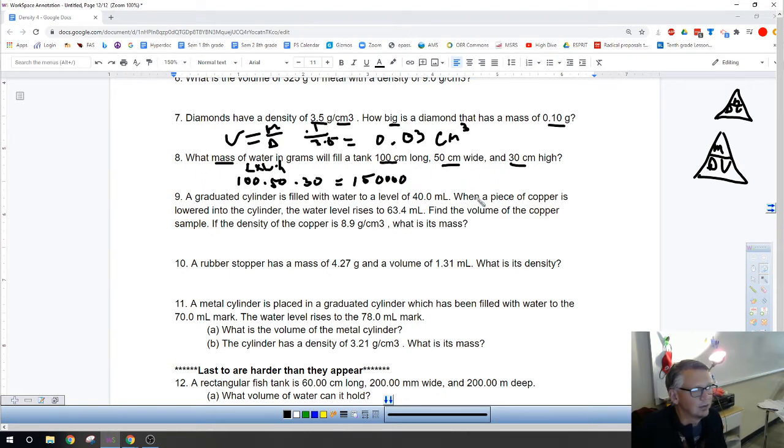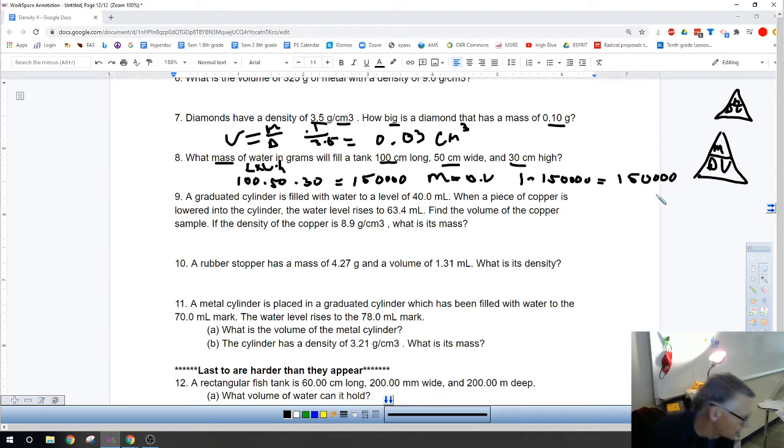And we are looking for mass. Mass is equal to density times volume. And you need to know that the density of water is 1. So 1 times 150,000 equals 150,000.